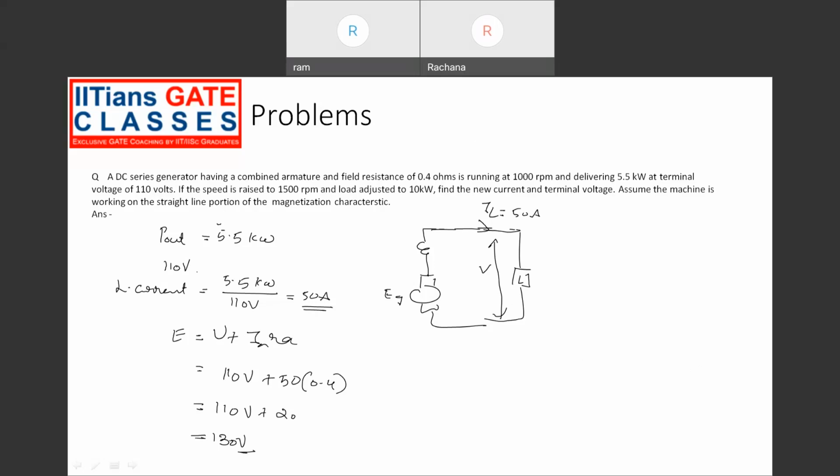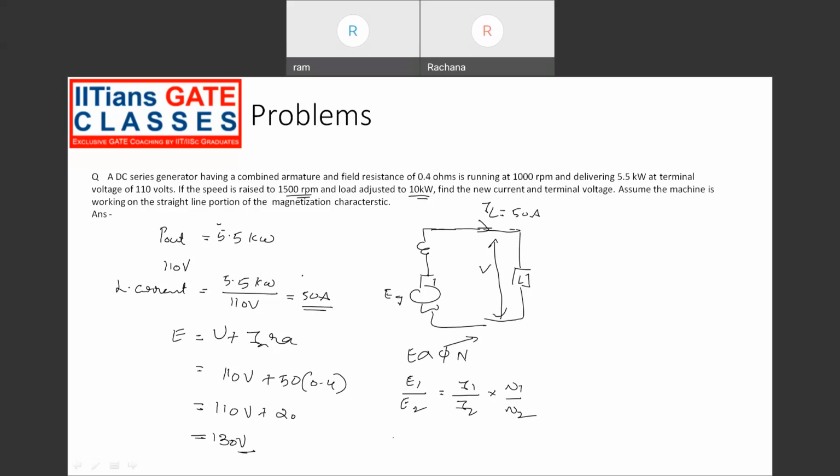What they have given next: the speed is raised to 1500 RPM and the load adjusted to 10 kilowatt. Find the new current and the terminal voltage. So E is proportional to phi into N, and phi is proportional to the load current. I can write E1 by E2 equal to I1 by I2 into N1 by N2.